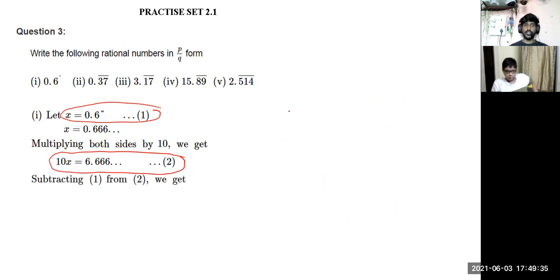So next you subtract equation 1 from 2. How do you do subtraction? Right hand side from the right hand side, left hand side from the left hand side. So what will be on the left hand side? Tell me that first.